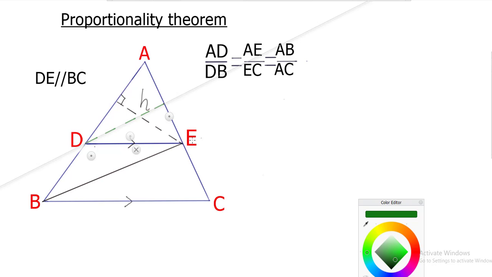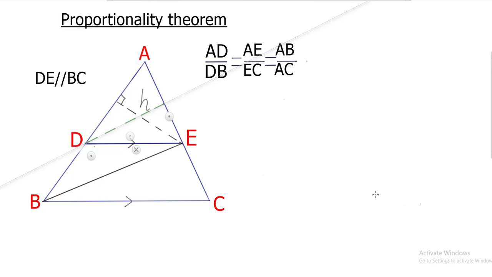We can call this height K. But let's draw another triangle here already, since we have the same height here. So with a base now, EC, okay? So there we have this.